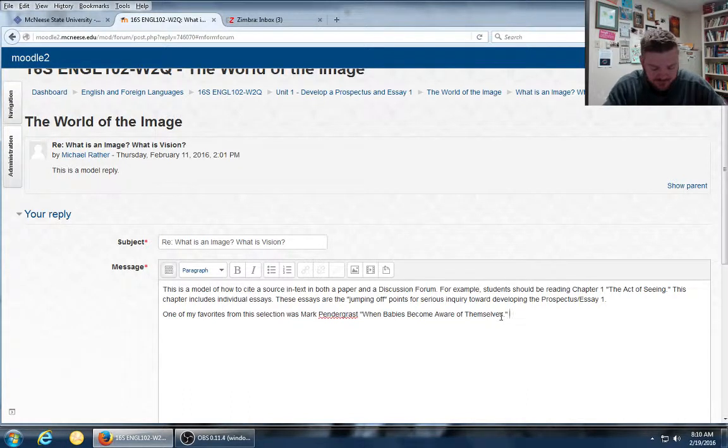So one of my favorites from this selection was Mark Pendergast, "When Babies Become Aware of Themselves." And then I can turn to that section in the book, and I can find a quote from here that I think is really amazing.